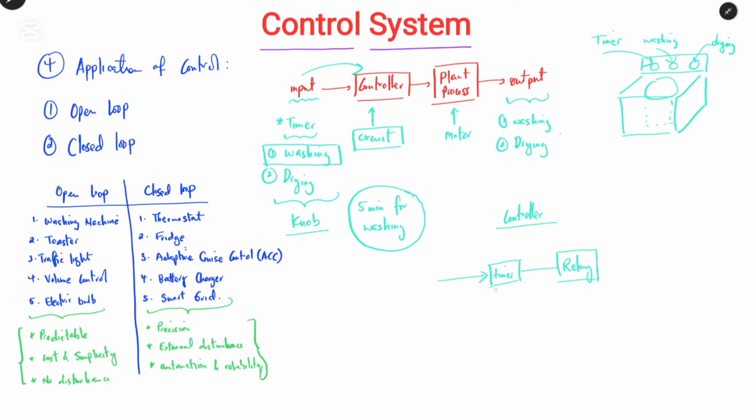Upon the input, we receive a command that the time should be 5 minutes and the option is washing. When this input is now selected, what will happen? This timer is now responsible for regulating the time. It will capture the time countdown and the washing option will be guarded by the relay.